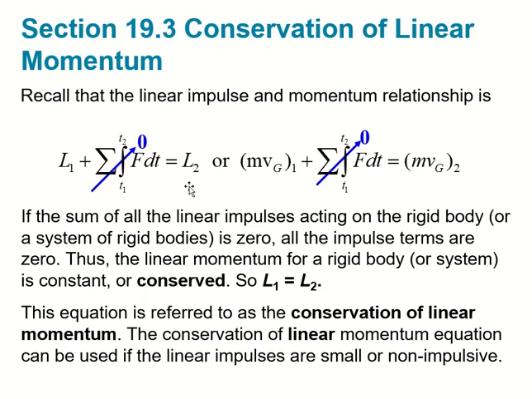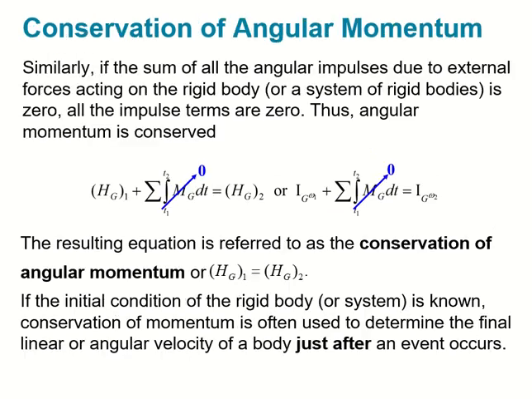So the linear momentum for that rigid body, initial and of course the final, is conserved. Meaning if we don't consider what's going to change the momentum, no change has happened at that time, so it's conserved. So that is what linear momentum conservation is about.